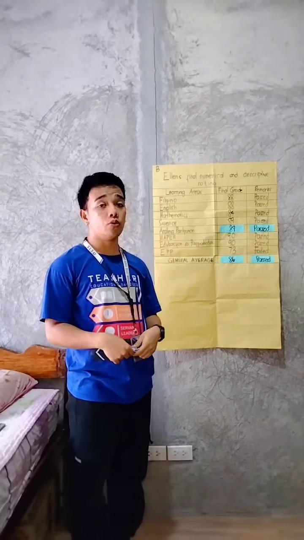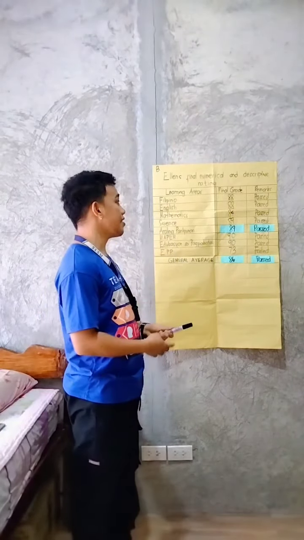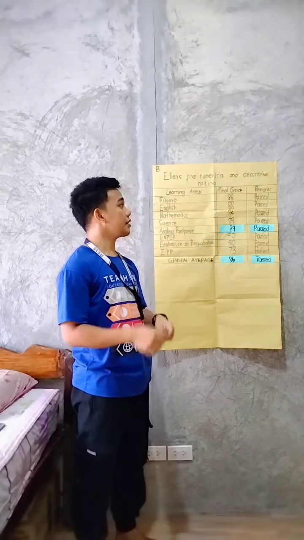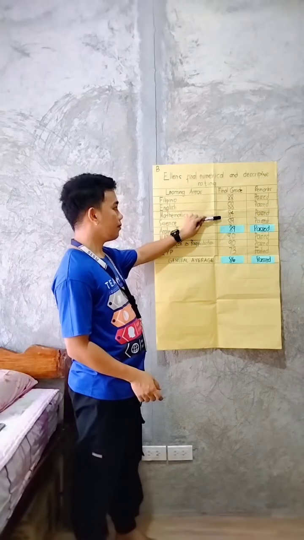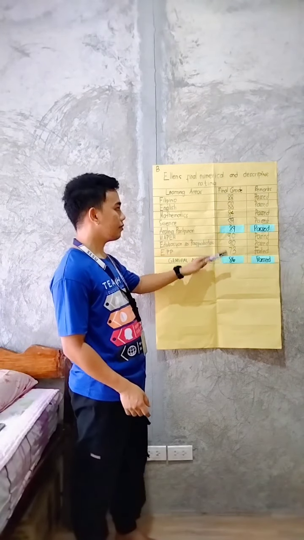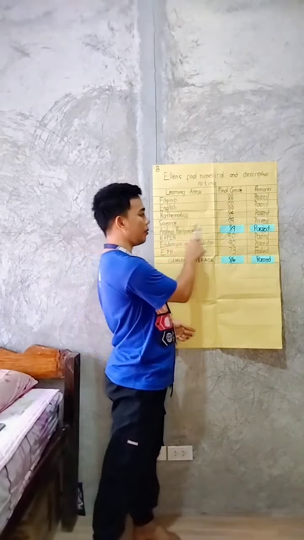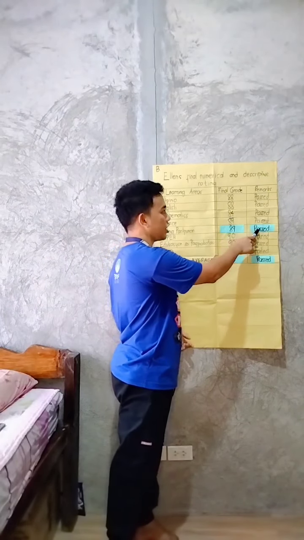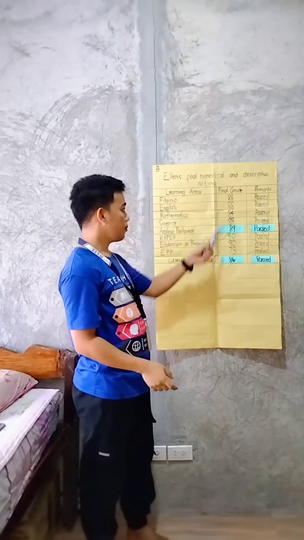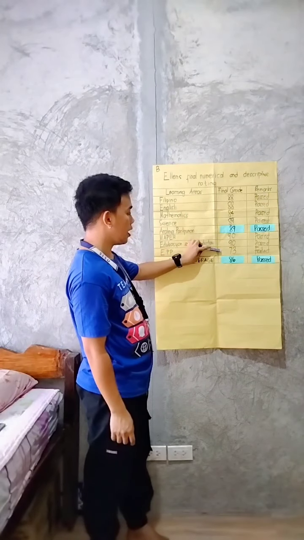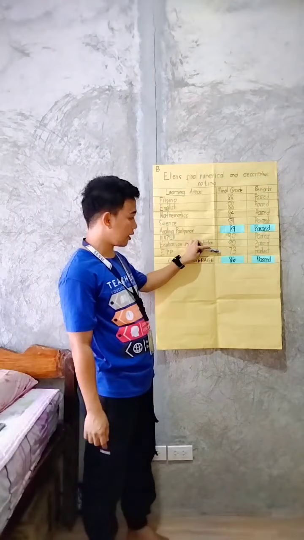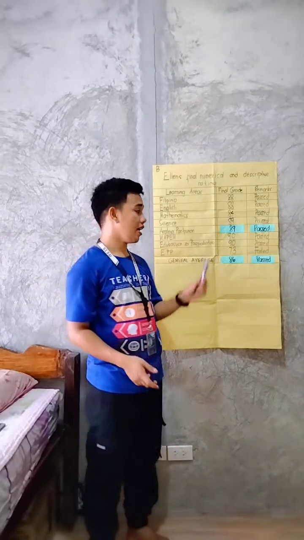For task 2B, here are Ellen's final numerical and descriptive ratings. So in her Araling Panlipunan, 89, which is passed. All we need to do is add all the 8 subjects and divide by 8.